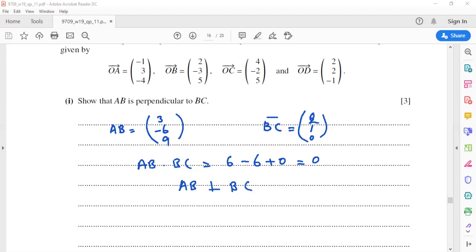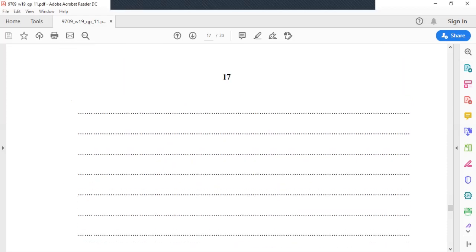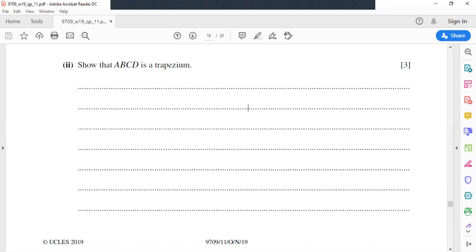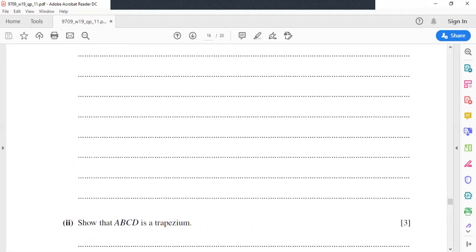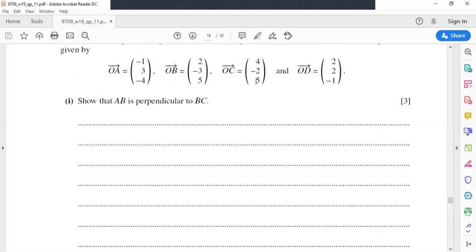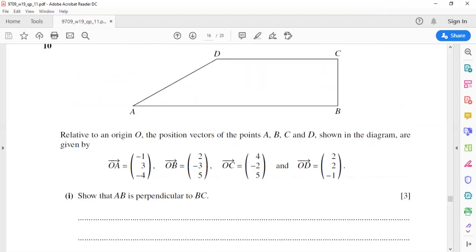Let's go further, and it says show that ABCD is a trapezium. Trapezium means if we are able to prove that AB is parallel to DC, then it is a trapezium. If AB is parallel to DC, let's find AB.